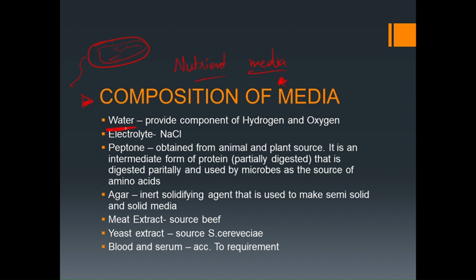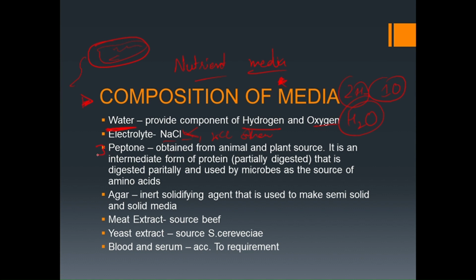First of all, we add water, which provides hydrogen and oxygen. As you know, water's chemical formula is H2O, meaning two atoms of hydrogen and one atom of oxygen. Then comes electrolyte. NaCl and KCl and some other electrolytes can be used, but mainly NaCl is used in culture media.